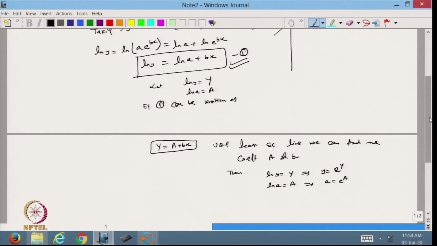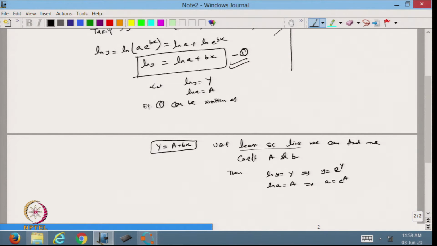So for the given exponential function, I have converted it into linear form. That is called the linearization of the exponential function, and using the method of least square line I am able to solve equation number 1.